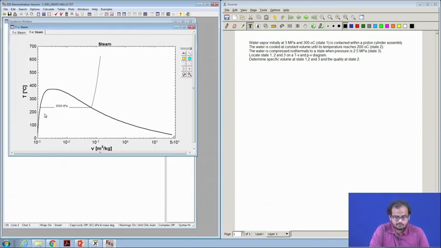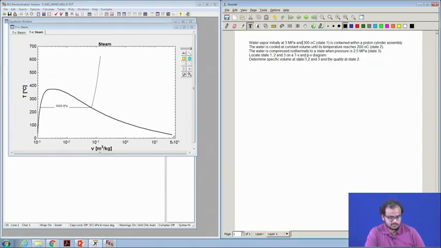So, we have the condition where it is 3 megapascal and 300 degrees Celsius.